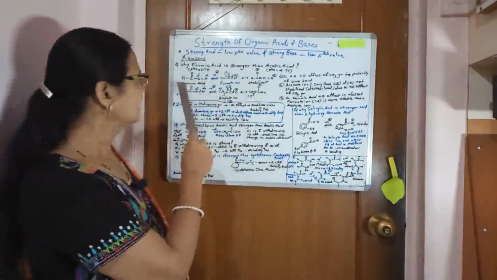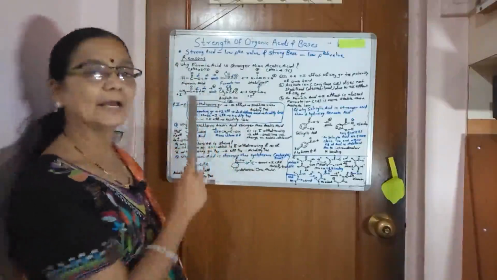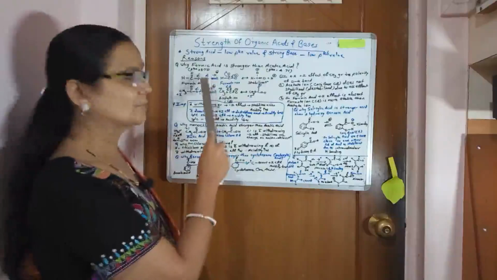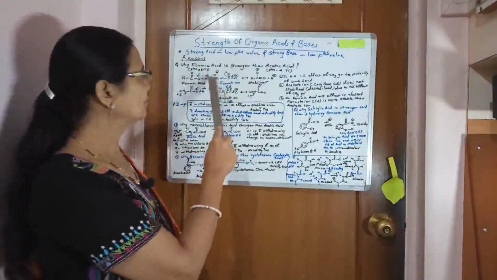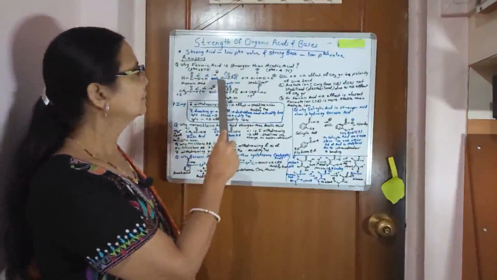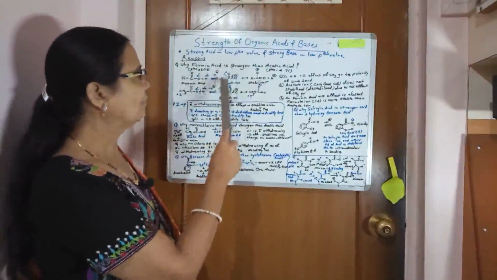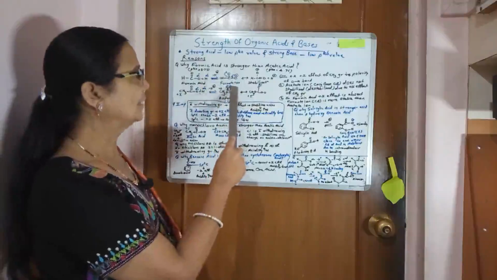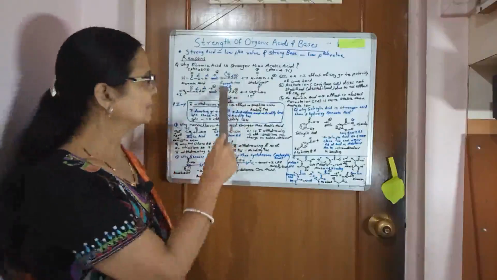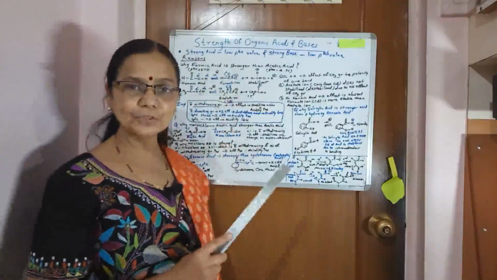Okay, but why is formic acid stronger and acetic acid a weaker acid? In this case, HCOOH is formic acid. The dissociation takes place. It gives a proton, H positive gets removed, and then the anion gets formed, which is called the formate anion. This is its conjugate base, represented as CB.